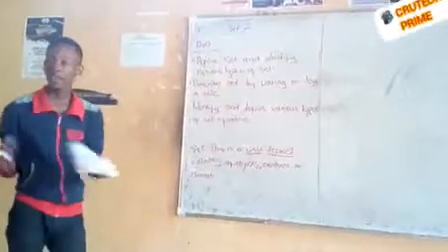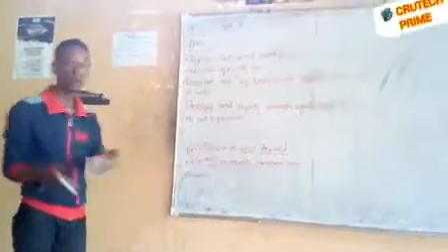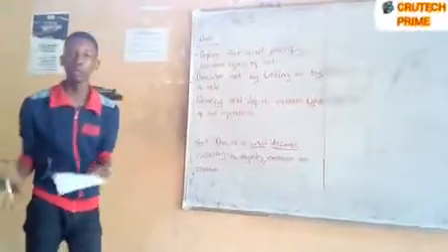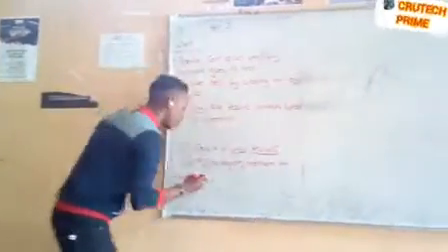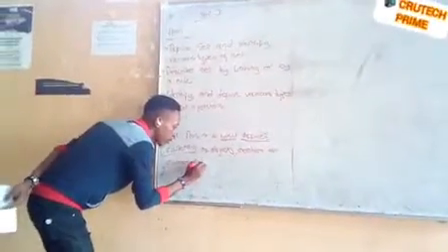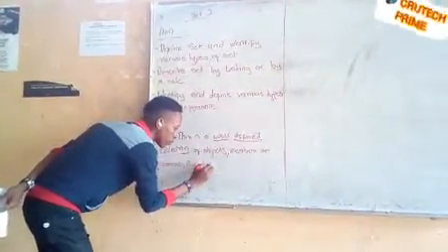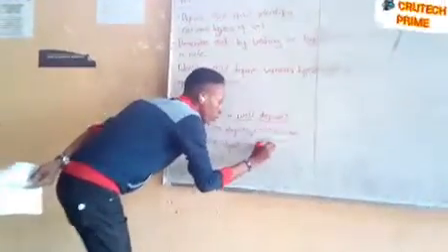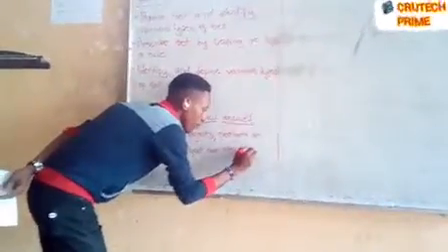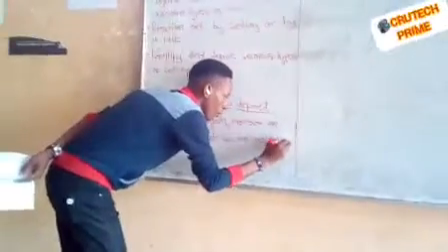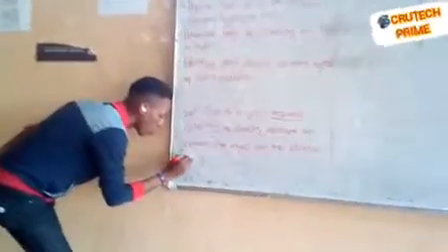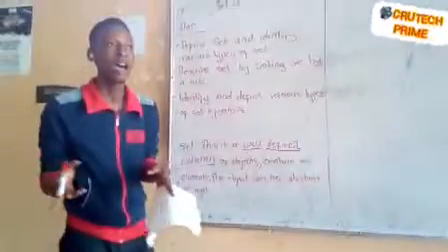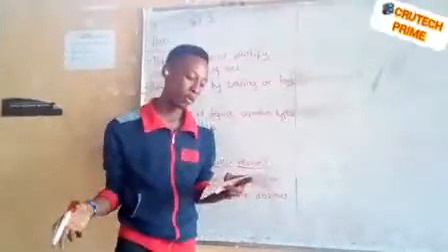Now, the objects collected could be abstract or real. Let's give examples of abstract objects and real objects.